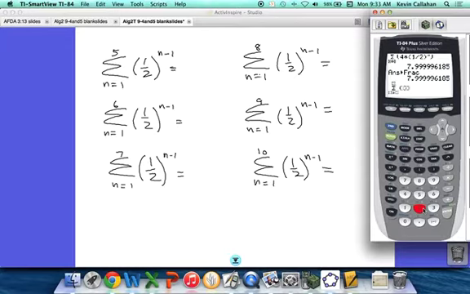And now I'm going to put in x, 1 to 5. And now go 1/2 parentheses 1 divided by 2 raised to the x. Okay, enter. 0.9675. Okay, let me write that down.